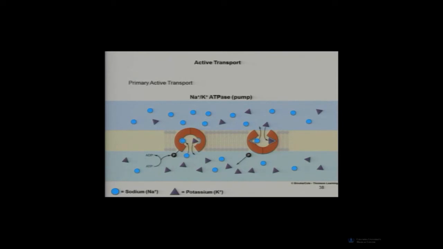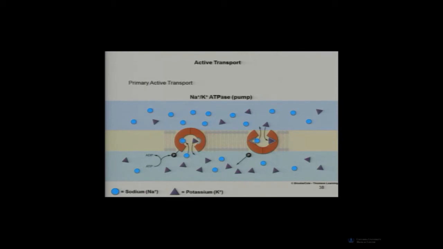So the sodium-potassium ATPase pump is found in every cell in our body, and it's constantly working. Something like over 50%, depending on the cell type, but over 50% of the energy of the cell is dedicated to running the sodium-potassium pumps. Okay? The sodium-potassium pump pumps 3 sodiums out, and then pulls 2 potassiums in.